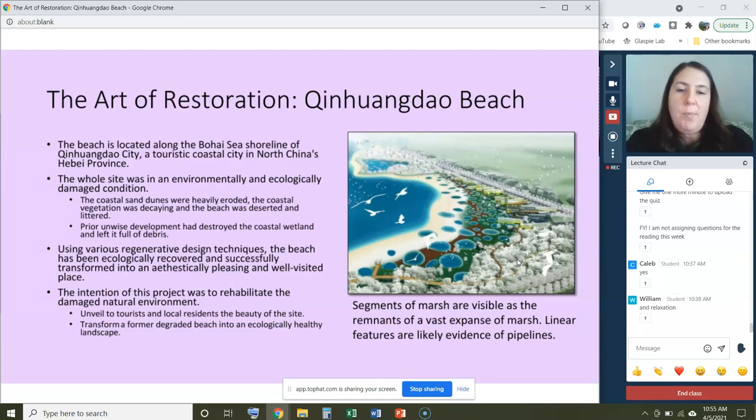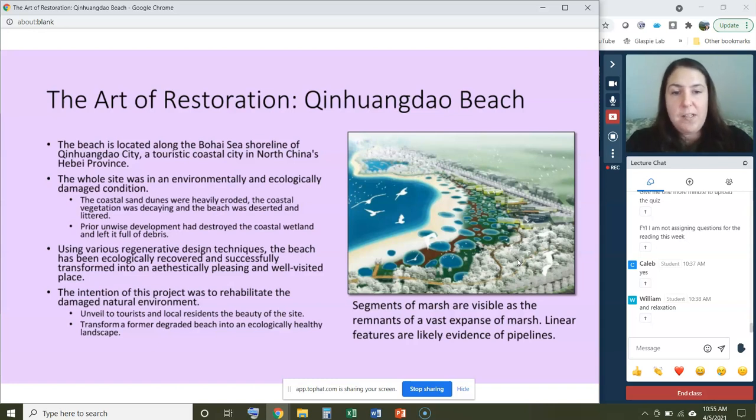Okay, so let's do a couple of examples of rehabilitation and restoration projects. So the first example I have is a rehabilitation example. And this is from Qinhuangdao Beach in North China. It's located along a shoreline of a sea, the Bohai Sea, but it's also located on the outskirts of a city.